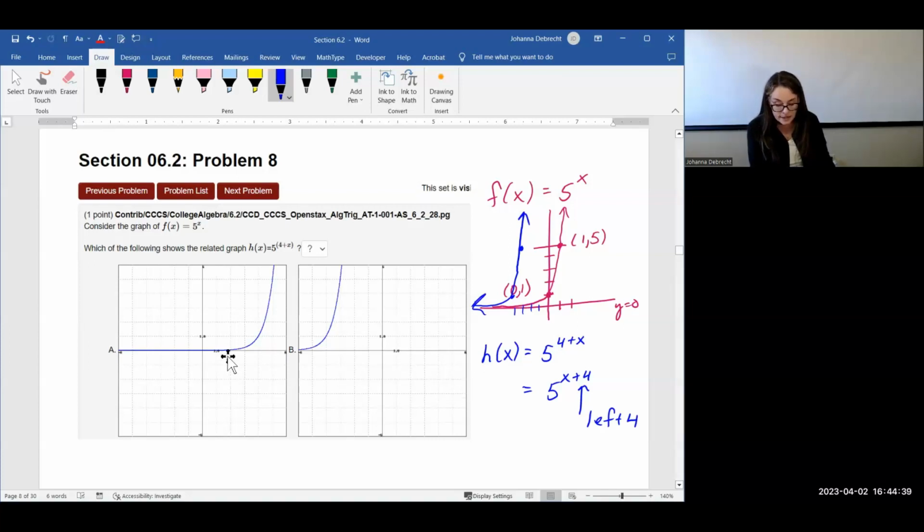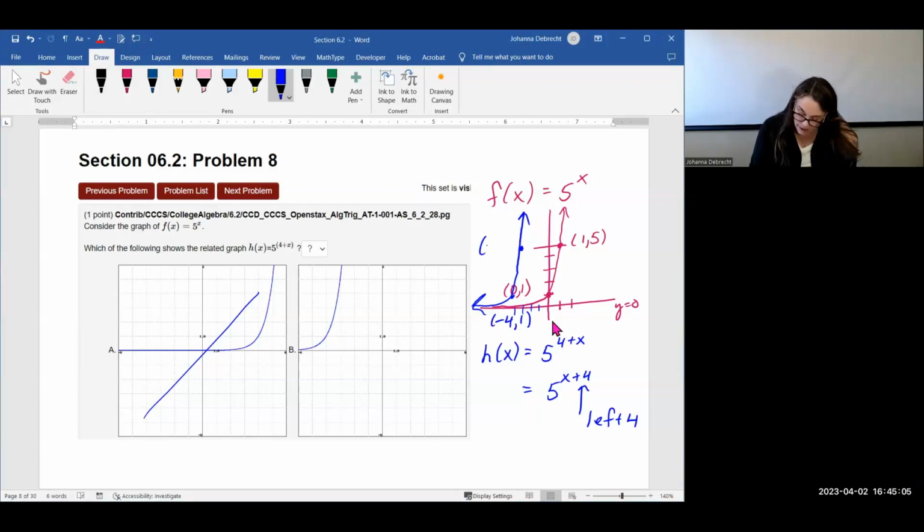Now, clearly, A did not shift to the left, it shifted to the right. And then when I'm looking at B, is this a possibility? Let's see what it crosses through. It should be crossing at (-4, 1) and it should have the ordered pair (-3, 5). Going by ones, 1, 2, 3, 4, that looks right on it.